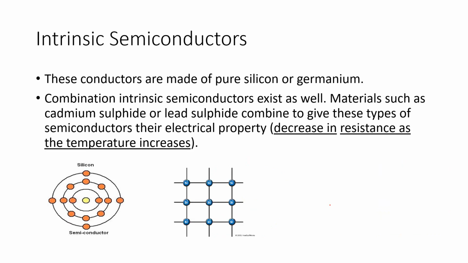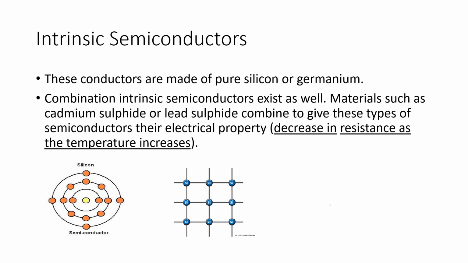Now, a part of this lesson, if you check your syllabus, all of this information that we talk about here is stuff that the syllabus requires us to make mention of. And it asks us to talk about what we call intrinsic semiconductors. These are pretty much the same carbon, the same silicon, the same germanium.